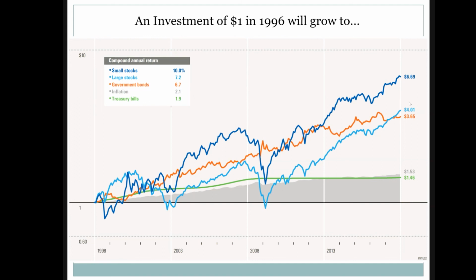And we can see that long-term government bonds did pretty well, 6.7%, almost comparable to the largest stocks in the stock market, which only returned 7.2%. And small stocks still did pretty well, about 10% a year. So if we invested $1 in a portfolio of the smallest stocks, that would grow to be about 700% larger over 20 years.